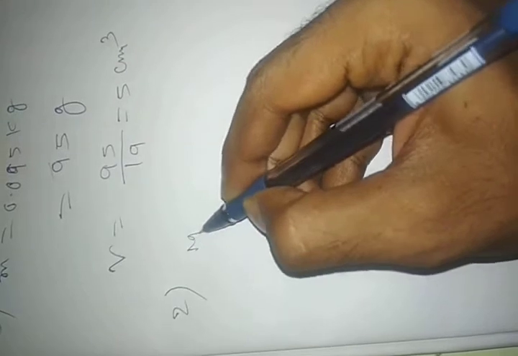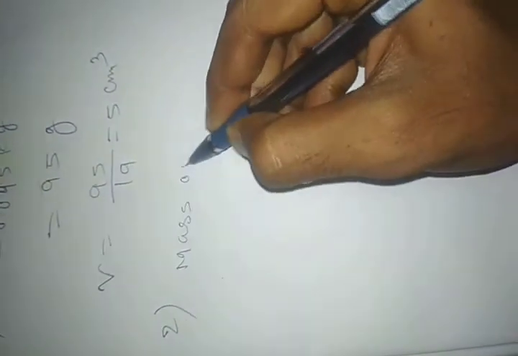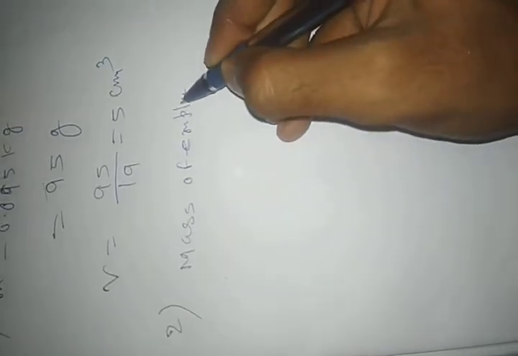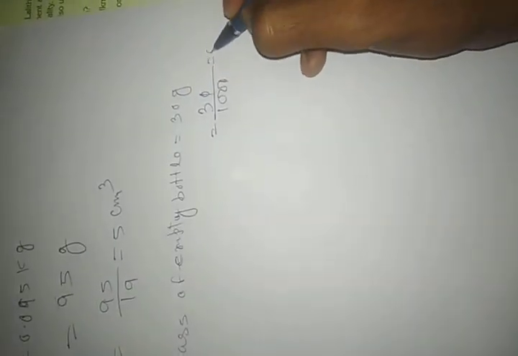Let's solve it. First, the mass of the empty bottle is given, that is 30 gram. Let's change it into kg. You have to divide it by 1000, so that becomes 0.03 kg.